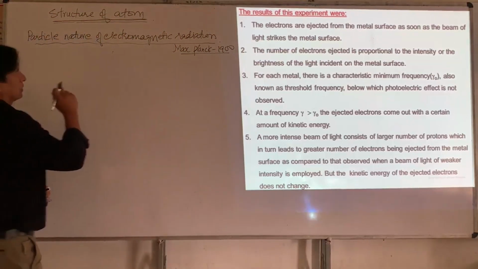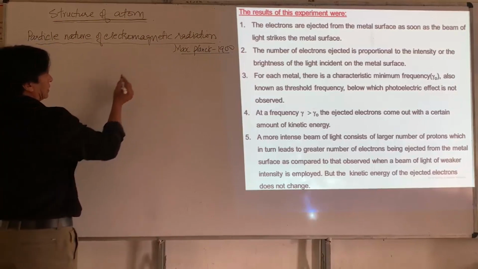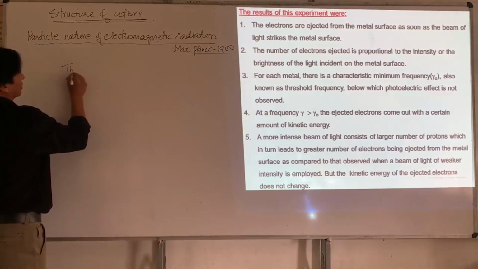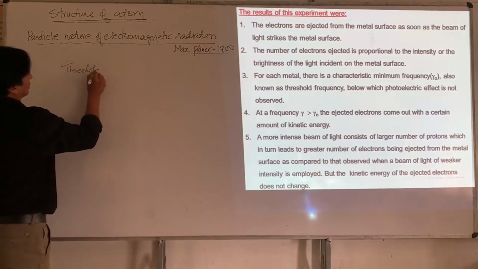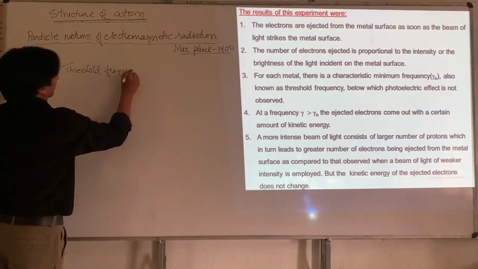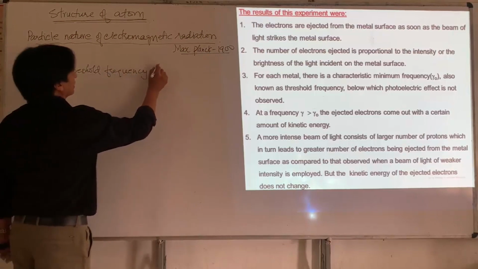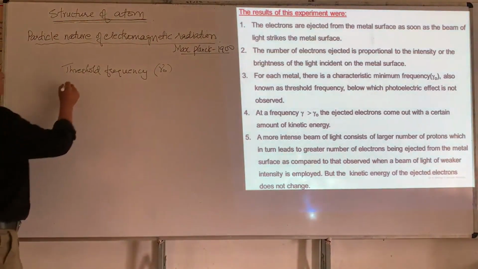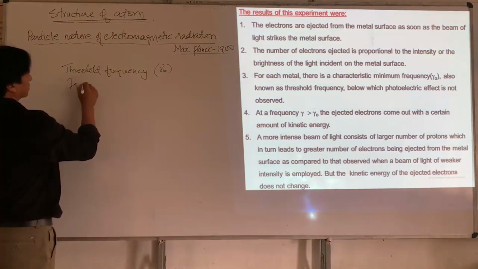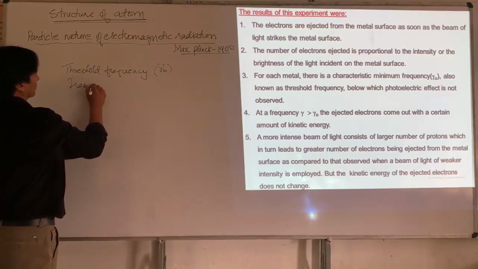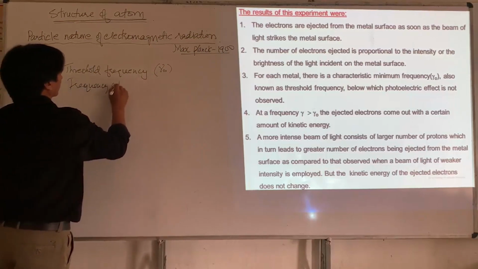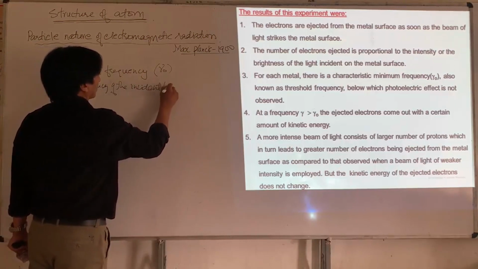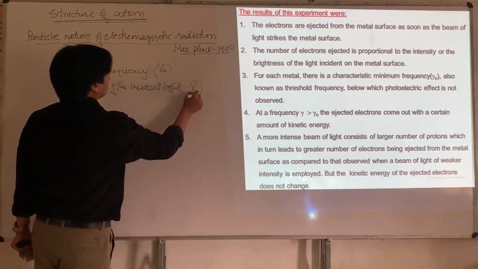See, as I said just now, we talked about something called the minimum frequency or threshold frequency. Threshold frequency or minimum frequency, that is nu naught, and then the frequency of the incident light, or the light incident on the metal surface, that is nu.